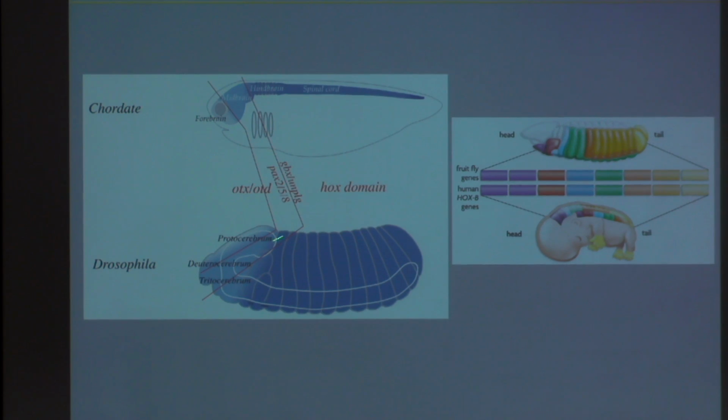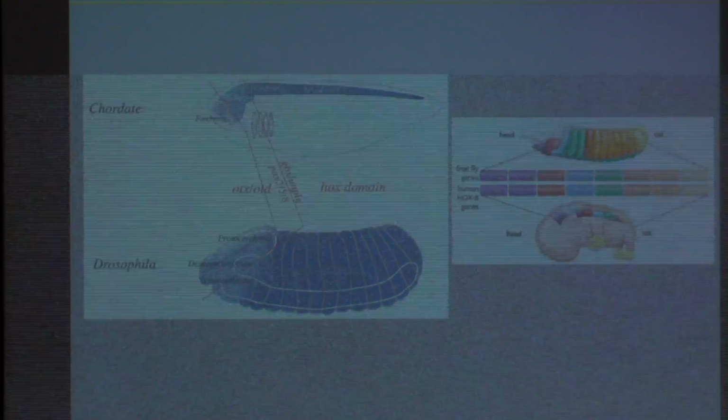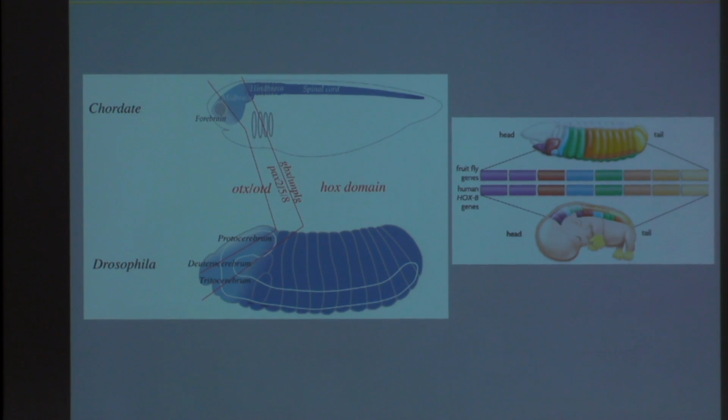Similarly, genes that turn on the middle brain region of Drosophila are the same genes that turn on the program of the midbrain, hindbrain, and the spinal cord, a very similar program of genes that turn on the nerve cord in arthropods. And some of you may have heard of a group of genes called the Hox genes, which is a very unusual group of genes because they're arranged in chromosomes in a 5' to 3' order.